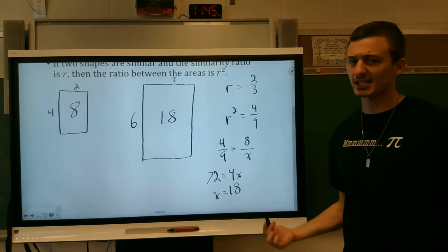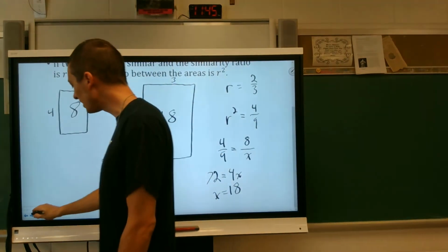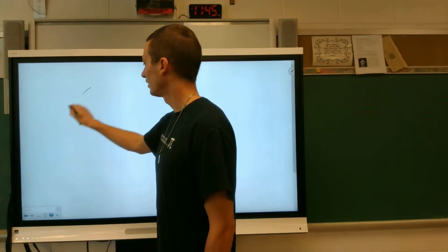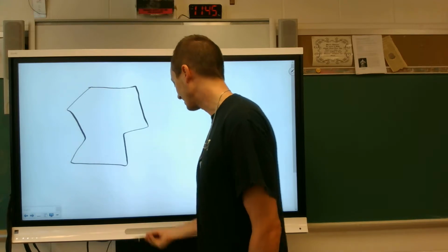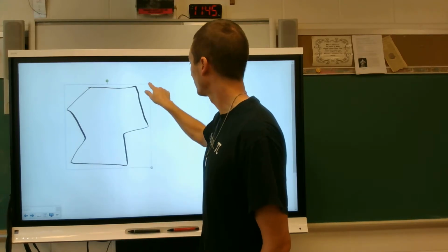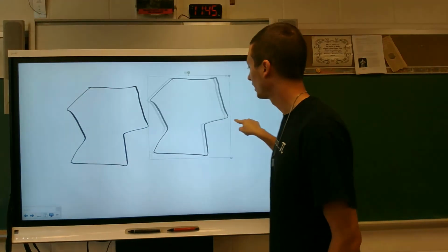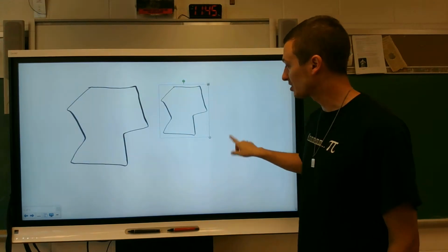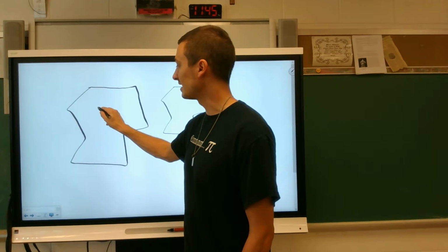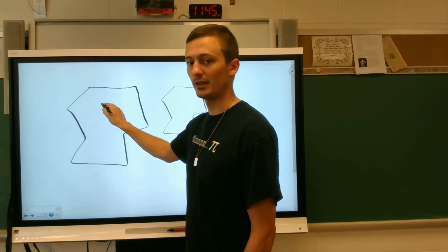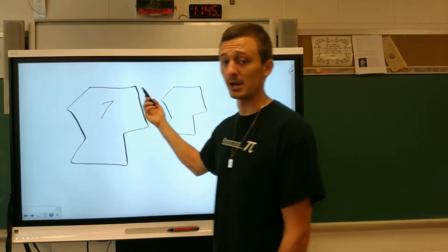Now, this isn't necessary for rectangles, but maybe I had something like a weird shape like that, and I clone it. So these are similar shapes, and maybe the area of this is 7. I don't know, I'm making up numbers.